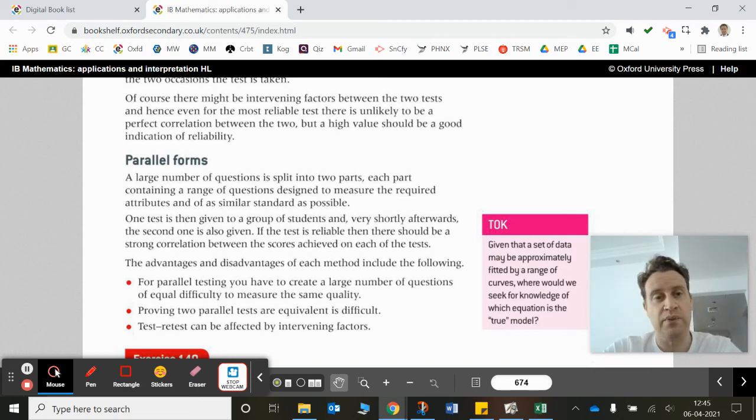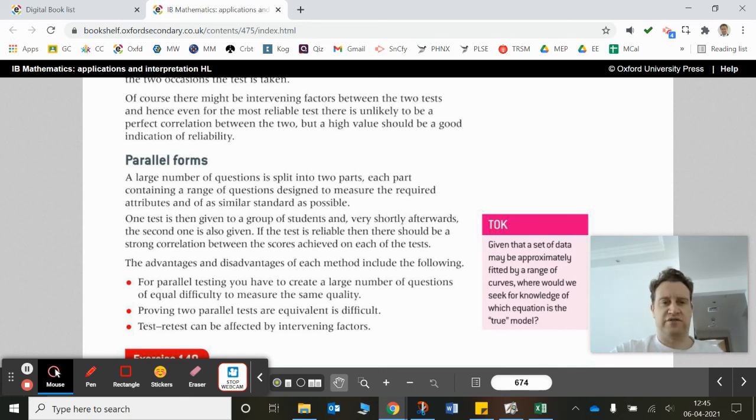The test is reliable if you have a strong correlation between the scores achieved on each of the tests. Okay, so that's another way of testing the reliability of a test, is essentially to make a similar test up based on those questions. So you have 100 questions, 50 questions go one way, 50 questions go the other way. Is the test reliable? Well, if you're getting similar answers from both of these tests, then they are reliable tests.